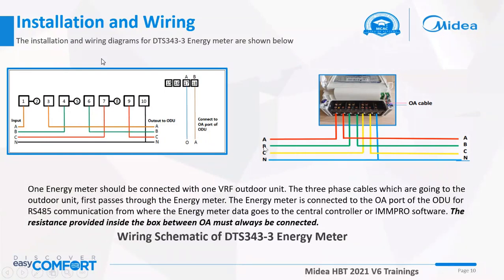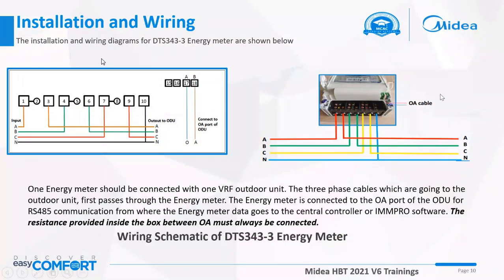The connection of the energy meter I explained before also, very simple. These are the power wires going into the outdoor unit, ABCN. So ABCN passes through the energy meter and goes to the outdoor unit. And here is the OA cable. This OA cable needs to be connected to the outdoor unit connection PCB, where there will be an OA port.